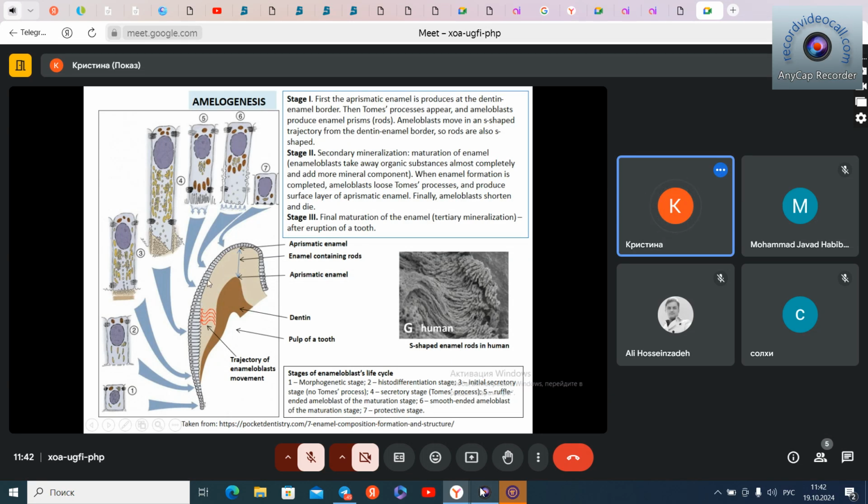Last layer will be also aprismatic when the cell is aged. It is aging and dying. It loses its Tomes process, produces aprismatic last layer of enamel, and then it degenerates and dies. Here, brown in color, the production of dentin is shown. Dentinoblasts or odontoblasts stay here at the peripheral layer of the pulp.